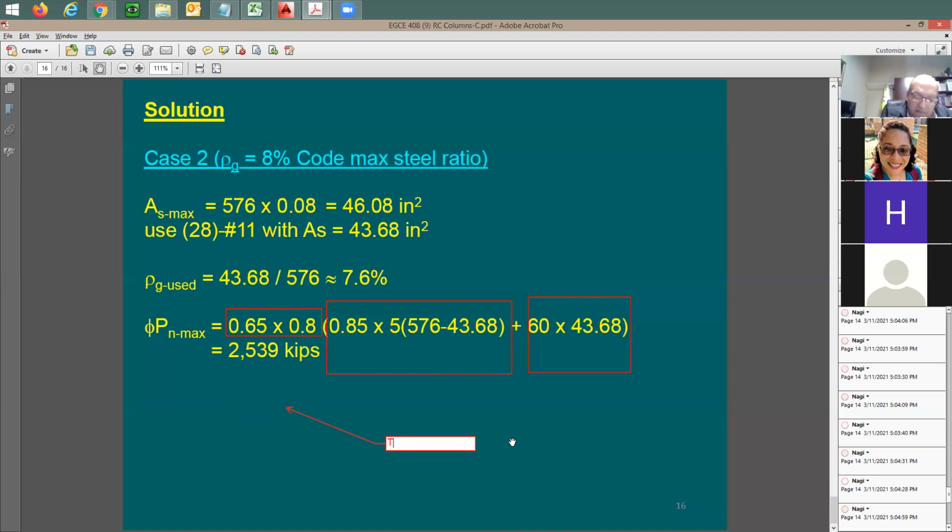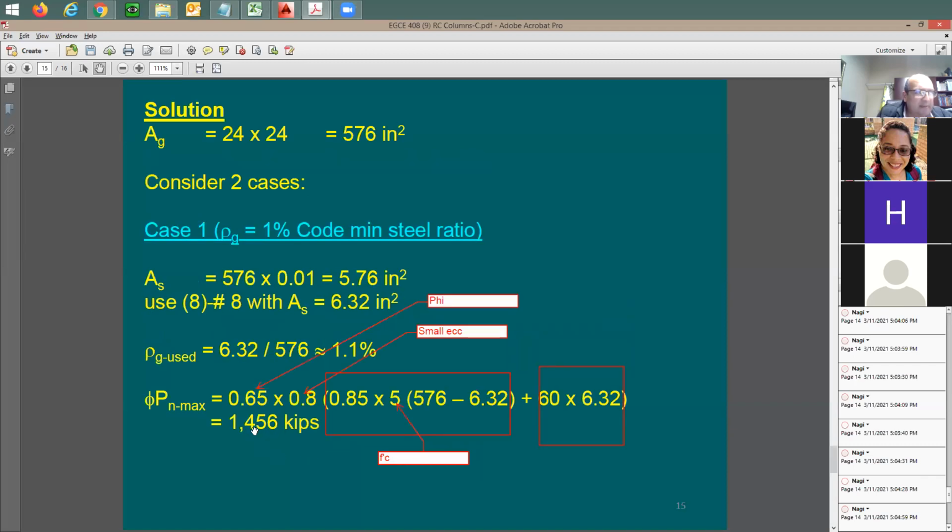I'm gonna say this column is good for this range. What range? Range of loads, right? Axial capacity. If your P sub U is between, what was the value again? 1456.